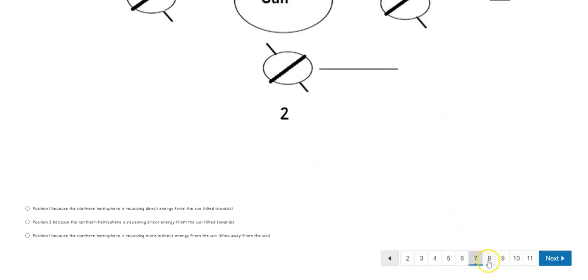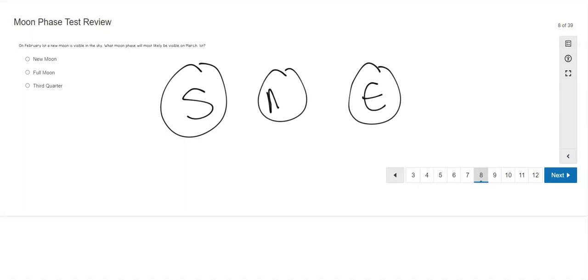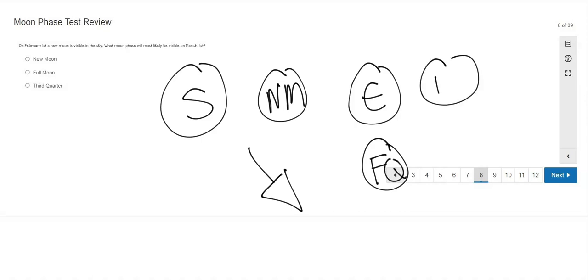Okay, our next question says, on February 1st, we see a new moon, and it wants to know what moon phase I would likely see a full month later. So guys, we look at our model that we've drawn. We have the sun, the earth. New moon always goes between the sun and the earth. We go counterclockwise, first quarter, full moon, third quarter, and I know that each of those is going to be 1 week.